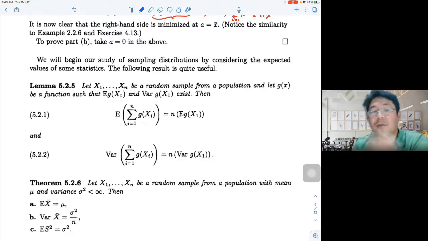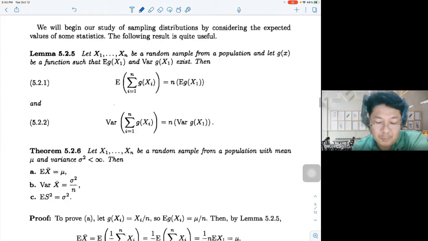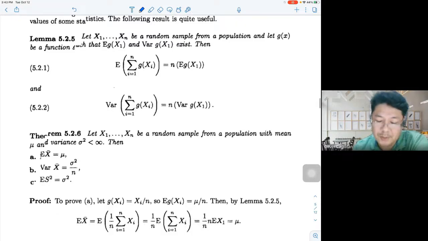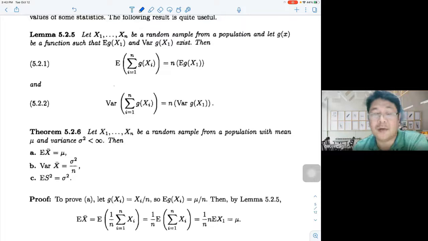Hence, we are able to obtain this expression on the right-hand side. The proof for 5.2.2 is quite lengthy. You can check the book for the proof of this second result, that the variance of the finite summation of g of x sub i from 1 up to n will just be equal to n times the variance of g of x sub 1.